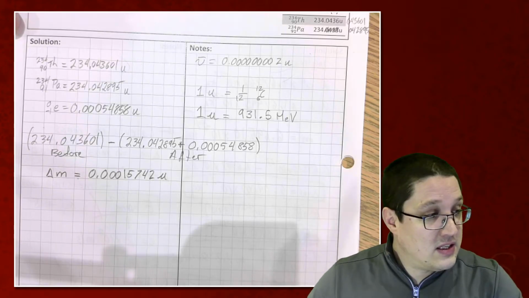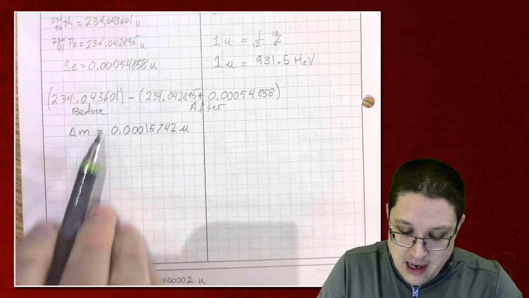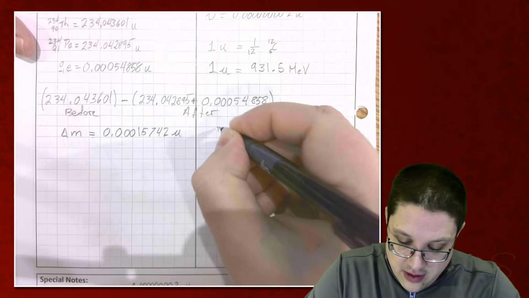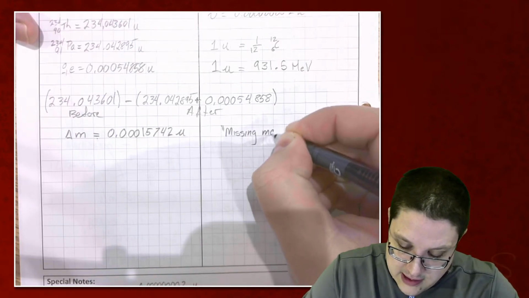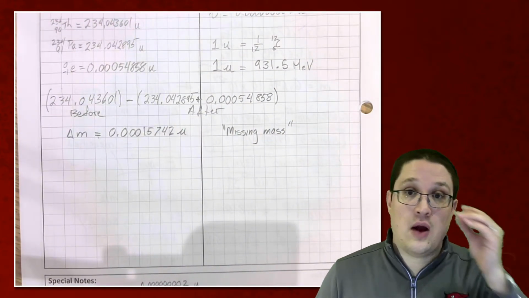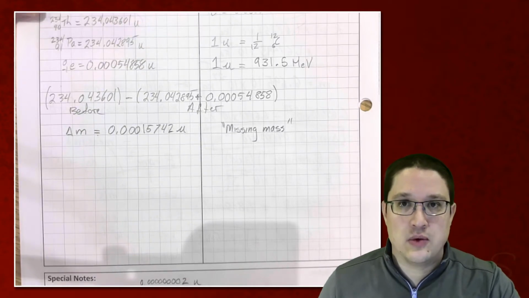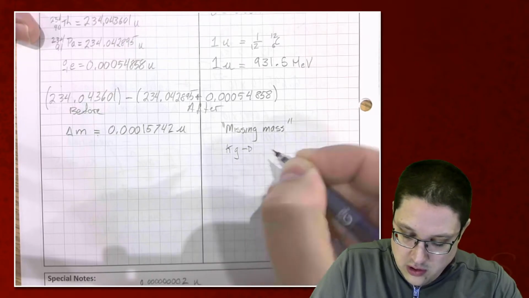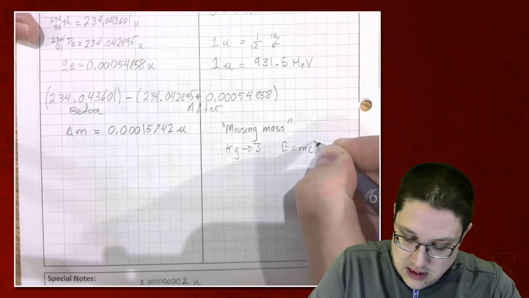So here's the idea. This missing mass here is in atomic mass units. Just like before, I want to convert this missing mass into energy. If I was going from kilograms to joules, I would use E = mc².